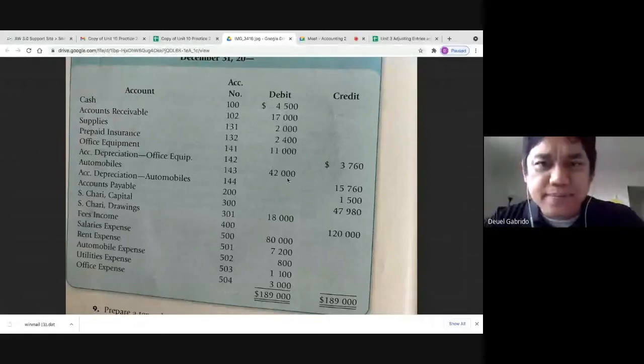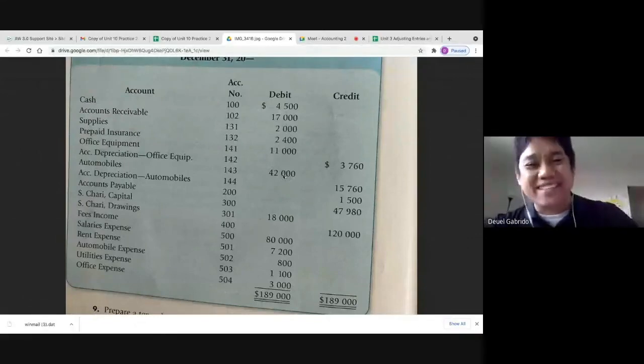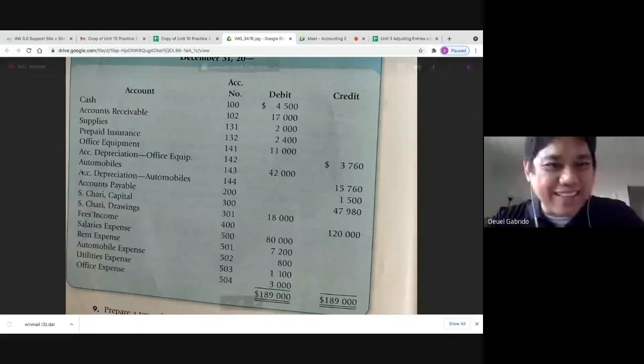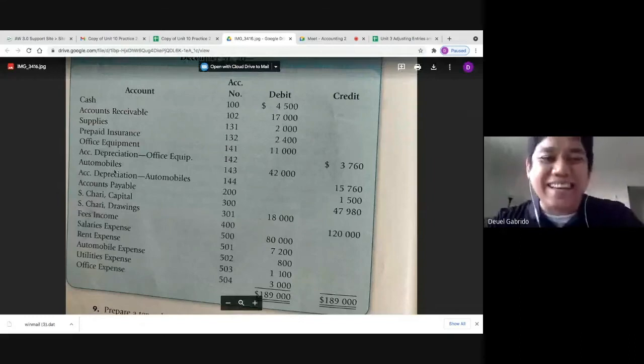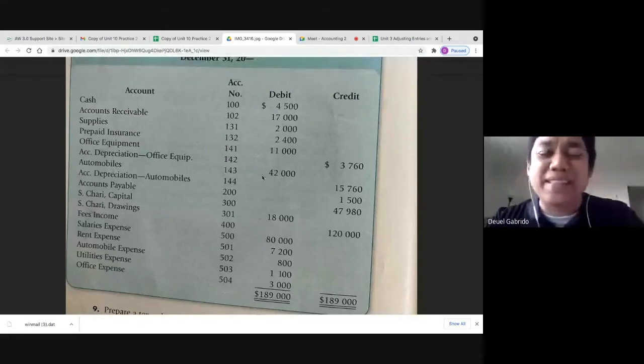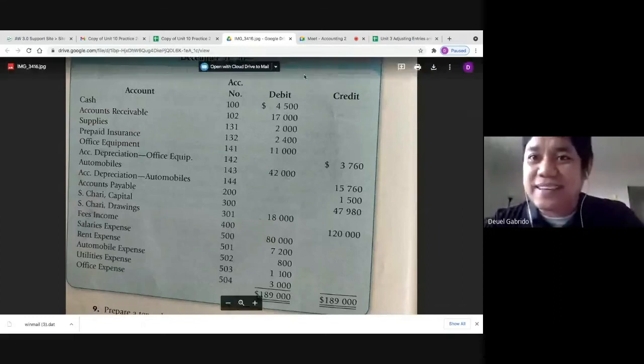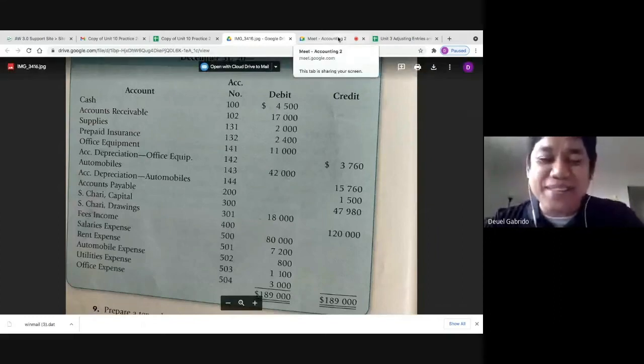How did you know? There is mentioned the accumulated depreciation. Okay, so how will we get this year's depreciation? What shall we do? Come on. I know that you know the answer. Probably people are shy to express themselves.